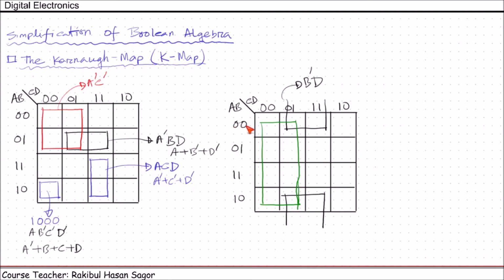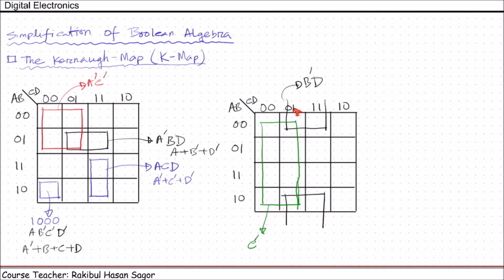So A equal to 0, B equal to 0, A equal to 0, B equal to 1, A equal to 1, B equal to 1, A equal to 1, B equal to 0. So this green box is true for all the combinations of AB. That's why we can ignore AB. Now for CD, C equal to 0, C equal to 0. We'll write C prime.